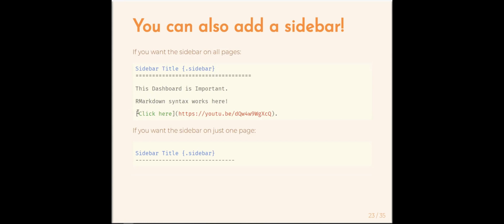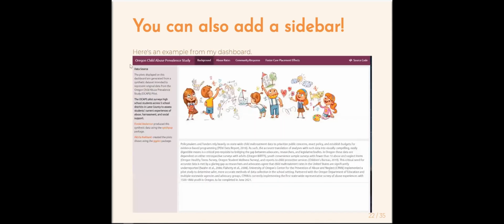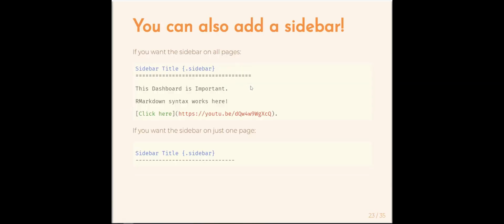You can insert links with the brackets, typing in whatever text and then inserting your link there. I think the sidebar is pretty cool. If you wanted it on all pages, so that it shows up on background and each of these other tabs, you would have the equal signs. And if you only wanted it on one page, you would have the level 2 header, which is just the dashes.